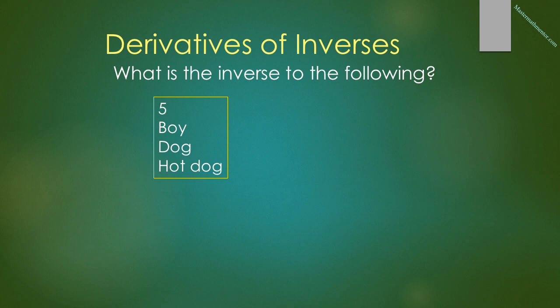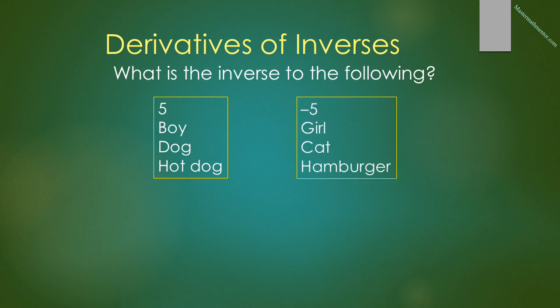Stop the video and write the inverse to the following terms: 5, boy, dog, hot dog. If you are like most students, you wrote -5, girl, cat, and hamburger, although I have seen for hot dog, cold cat.